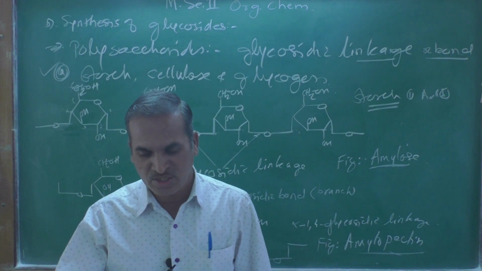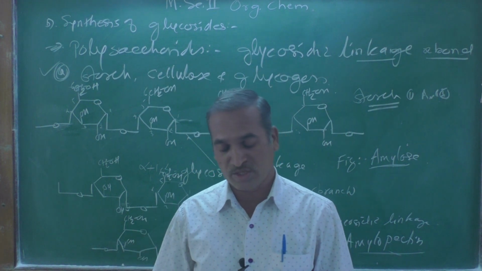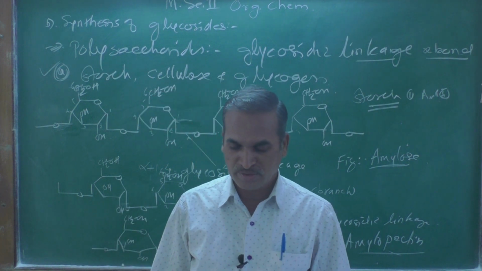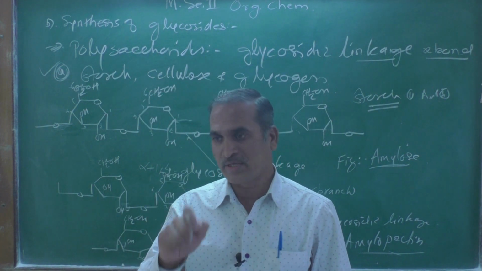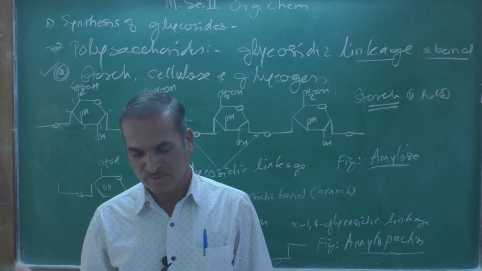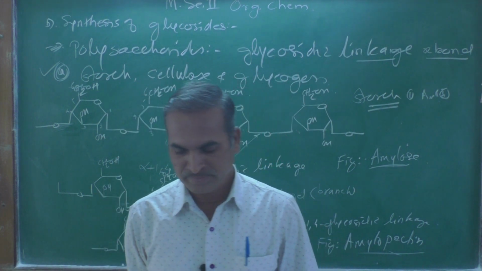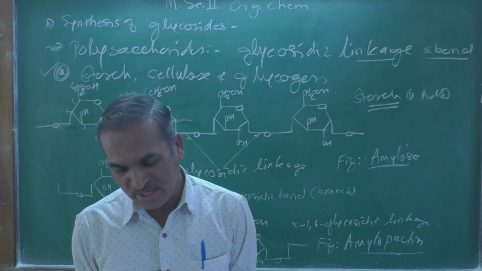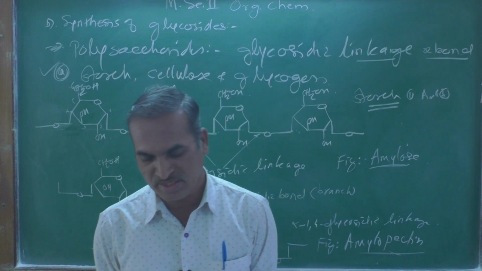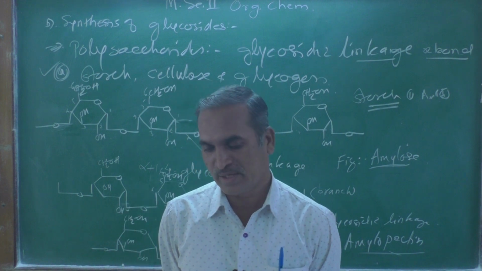Amylose is soluble in water and forms a blue colored complex with iodine. That is a speciality of amylose. It contains 200 to 1000 alpha glucose units linked by alpha 1,4 glycosidic linkage, giving rise to an unbranched chain of variable length.